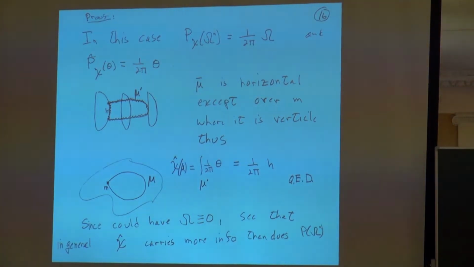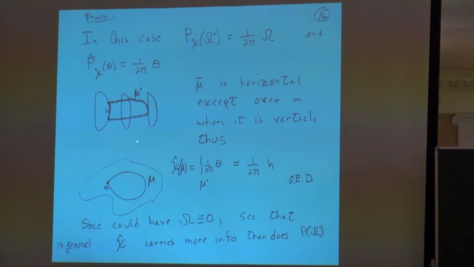So in this case, the characteristic form is nothing but just the curvature itself. It's just 1 over 2 pi times omega. And p sub chi turns out to be just 1 over 2 pi times theta, because as you may recall, d theta equals omega in this most simple case.